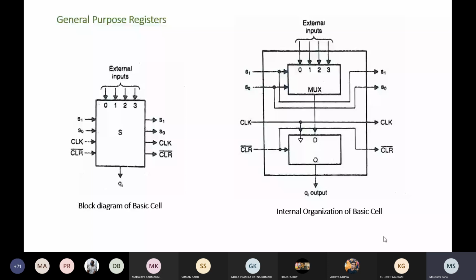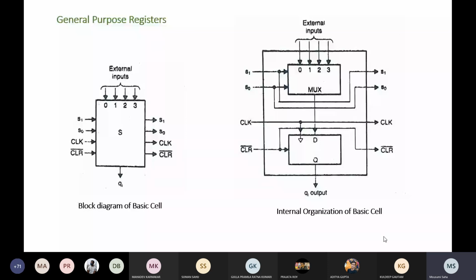So S1 and S0 are the two select lines. The maximum number of combinations is 4, so we can select 4 input lines. Now whatever the contents of the input lines, that will be transmitted to the output line. So with the help of the 4:1 mux, we can take the 4 external inputs, and all these inputs we can store with the help of a single D flip-flop. So at a time, 1 bit of data we can store.